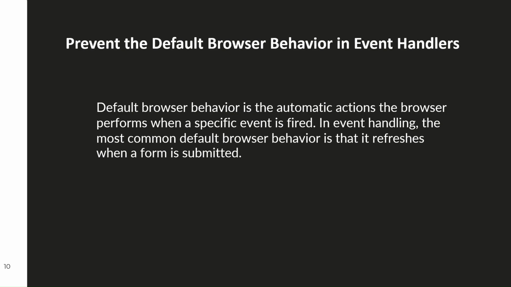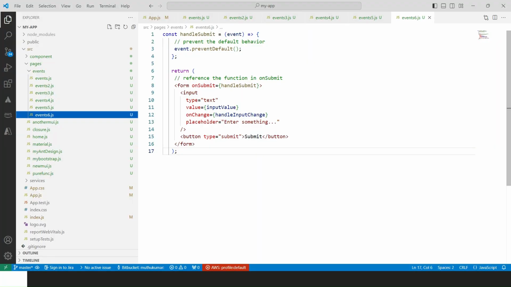In event handling, the most common default browser behavior is that the page refreshes when a form is submitted. So whenever a default behavior happens, the page keeps on refreshing. To avoid that, you have to say event.preventDefault. That is called event.preventDefault.